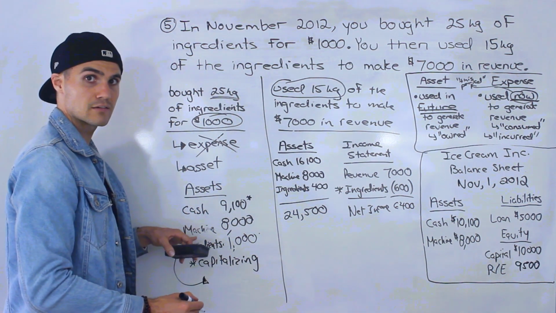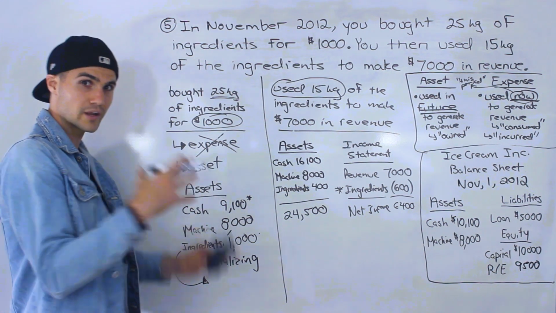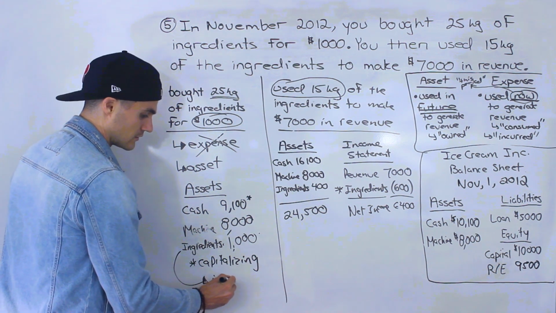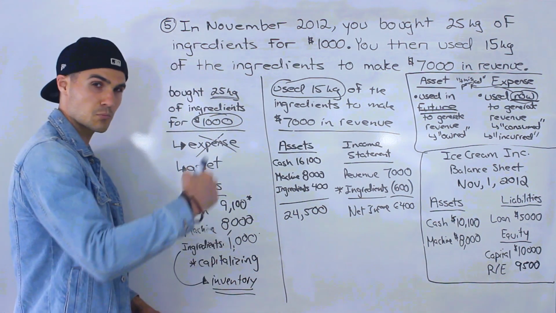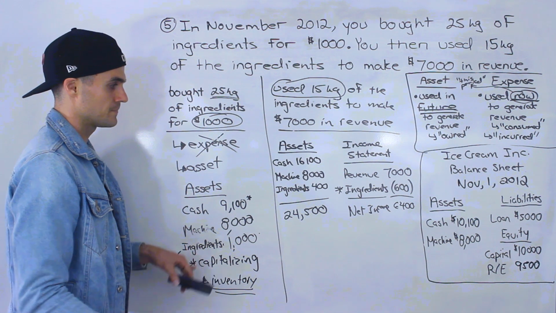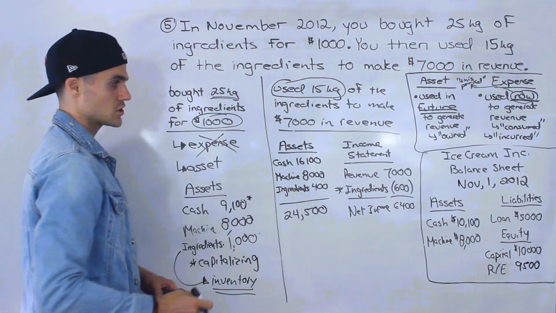I'm just going to keep that for now for this transaction to keep things simple, not confuse you, not bring in too many terms. But really, this is going to be inventory. This is going to be called inventory once we get into more detail later on in the course. I'll keep it as ingredients for now, right? So this would be inventory here as well on that balance sheet.